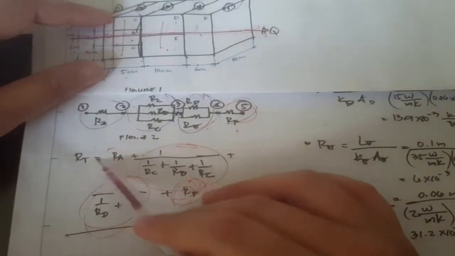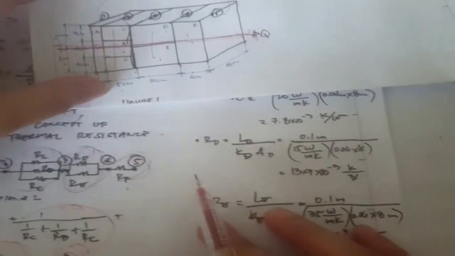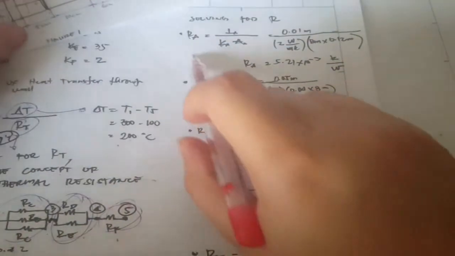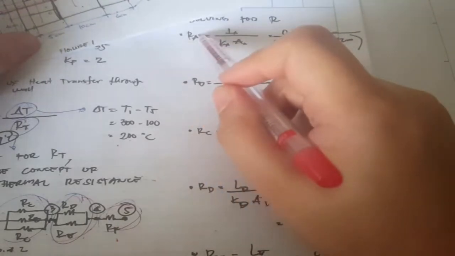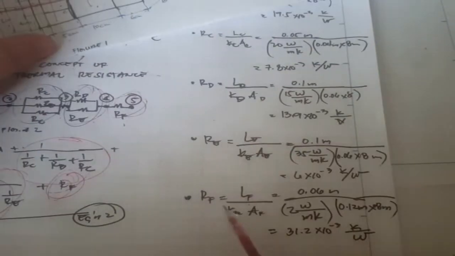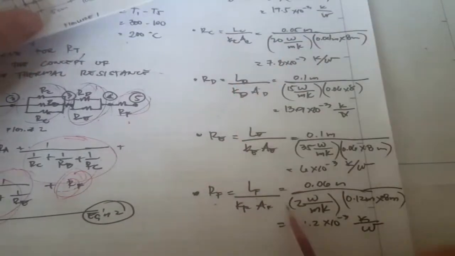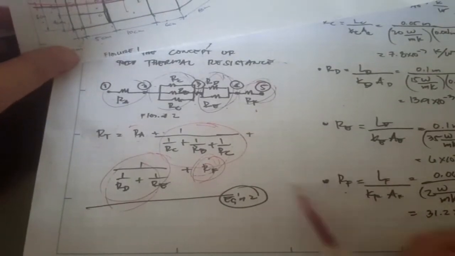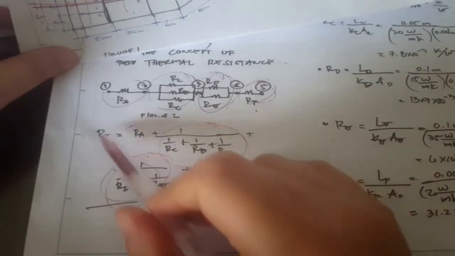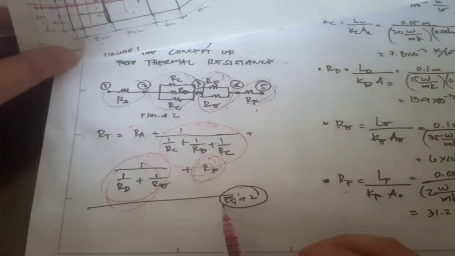To compute RT, we determine the specific values of R from A to F. Having that, we substitute the values of these R's into equation 2.